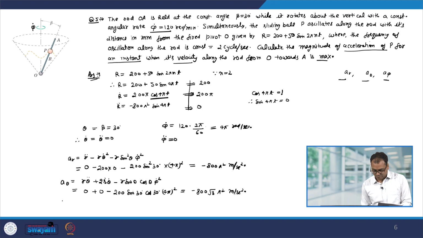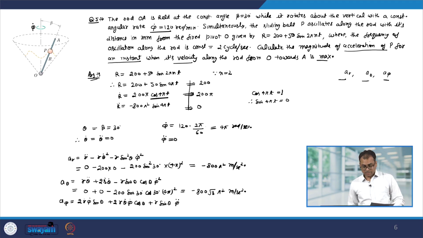Now let us look at A phi. A phi is 2 r dot phi dot sin theta plus 2 r theta dot phi dot cos theta plus r sin theta phi double dot. So now let us put the values.